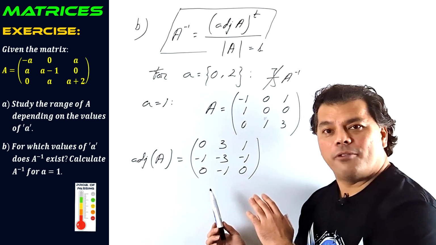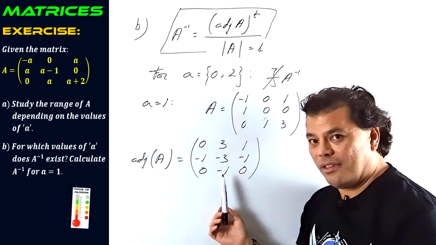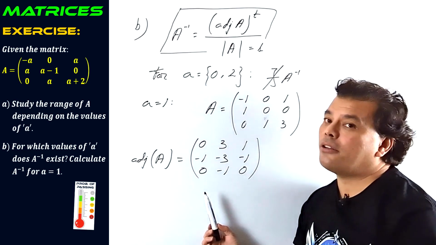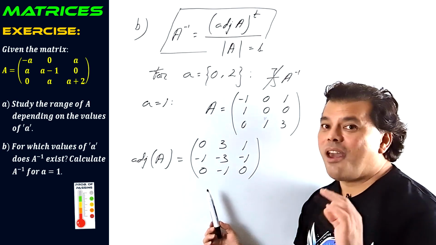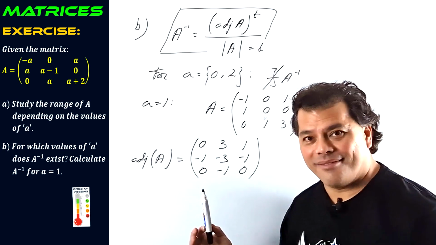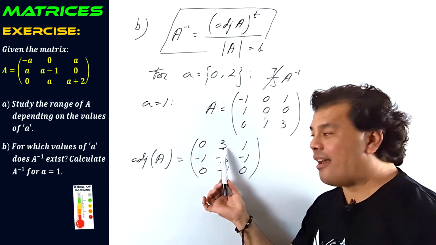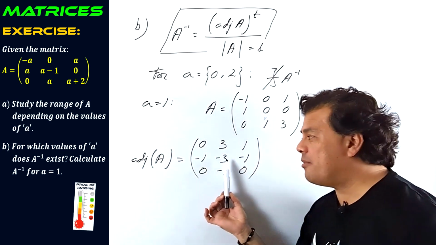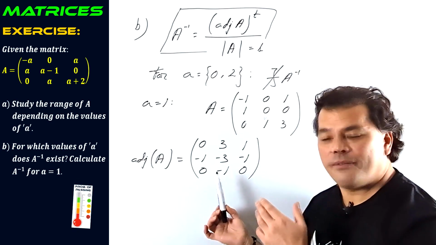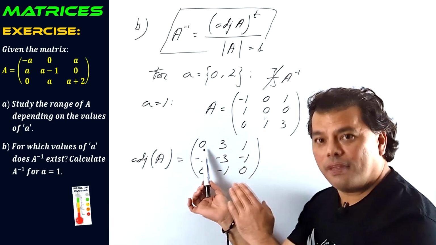Do you think that we have already set up the adjugate matrix? I'm afraid this is still not the adjugate matrix. What are we going to do? We are going to use the snake. Positive, negative, positive, negative, positive, negative, just like a snake. When I say positive, the number keeps its sign.